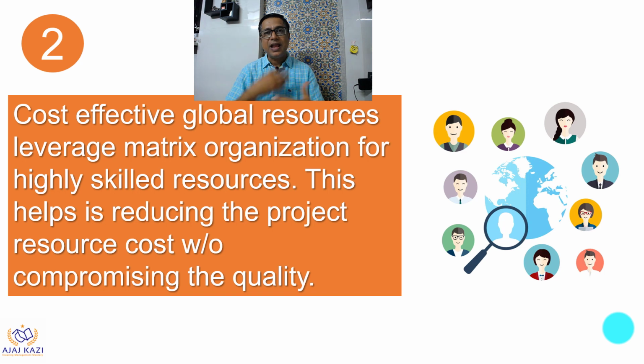If you try and experiment with different people who are not suitable for that role, they may be suitable for something else, but you go on experimenting, and in the process you lose a lot of time. Time is equivalent to cost.